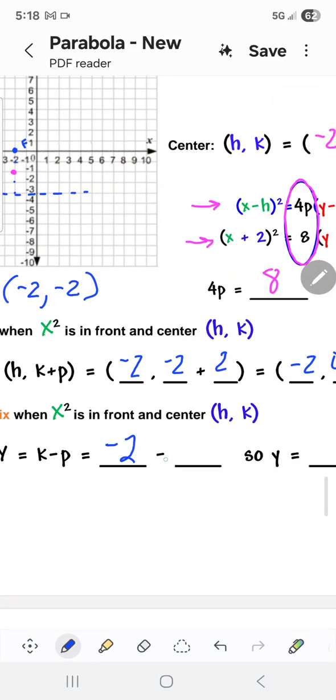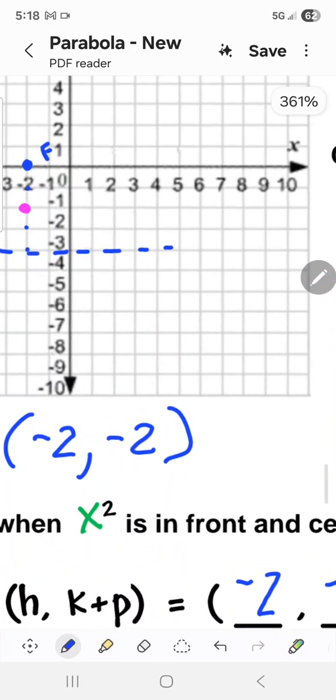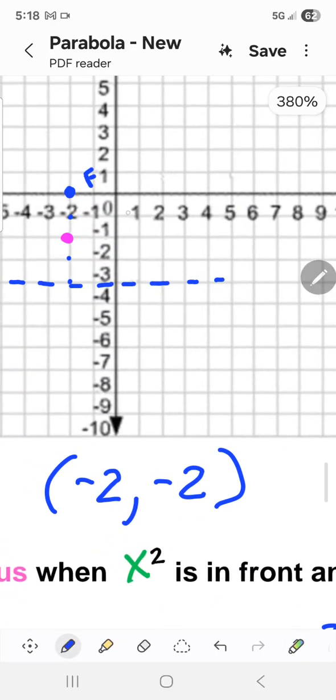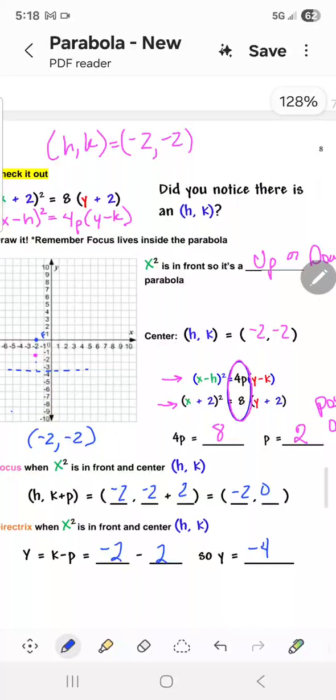K is negative 2 minus 2, so this should be y equals negative 4. That's negative 1, negative 2, negative 3, negative 4. Yes, that's exactly what we had. Perfect. So you can find a lot of these values and check your equations by simply drawing things out and knowing where they need to go.